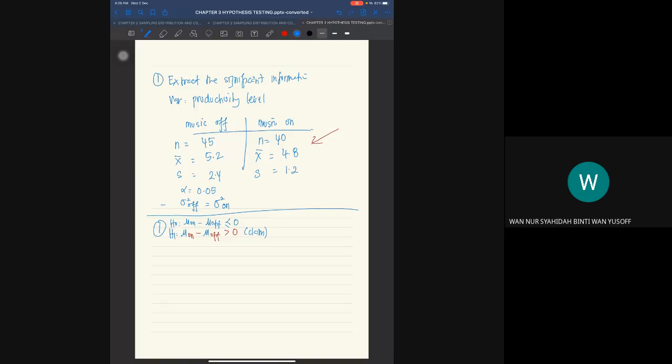So when we have mu naught equal to 0, then you can write your hypothesis in this form. Another form to write the hypothesis, you can write H1: mu on greater than mu off. Also correct.